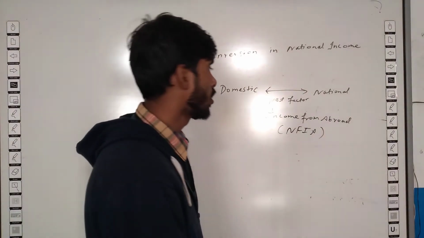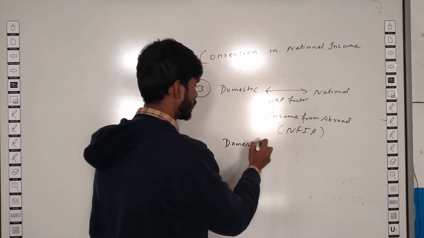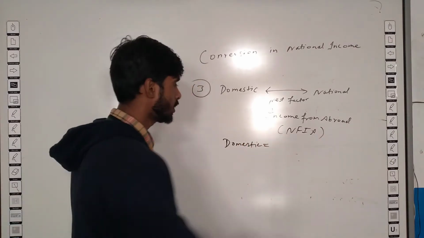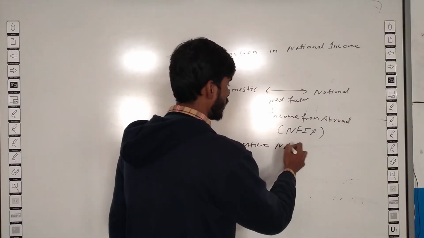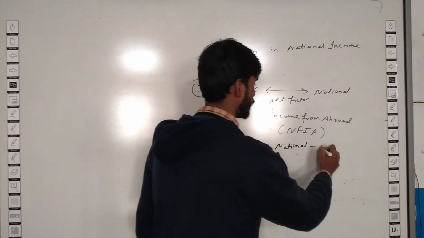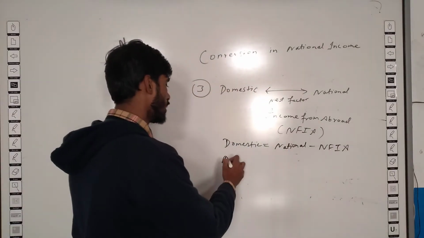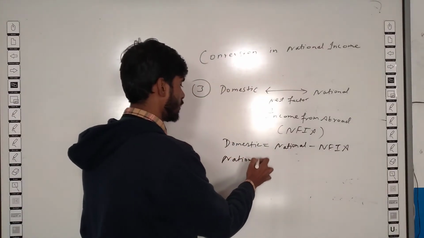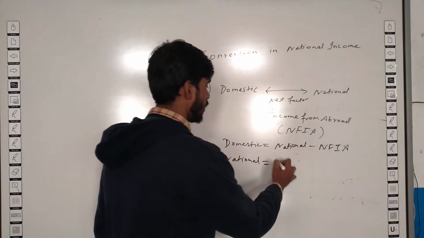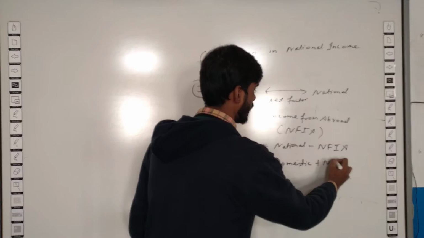Domestic value does not include net factor income from abroad. So if you want the value of domestic, you can get the value of domestic from national by subtracting NFI. If you want the value of national, you can get the value of national from domestic by adding NFI.